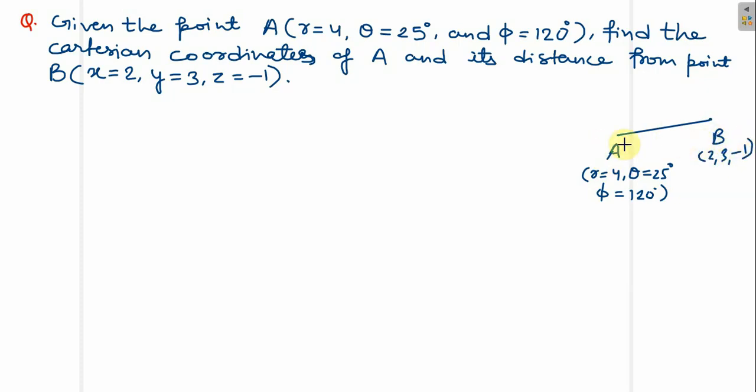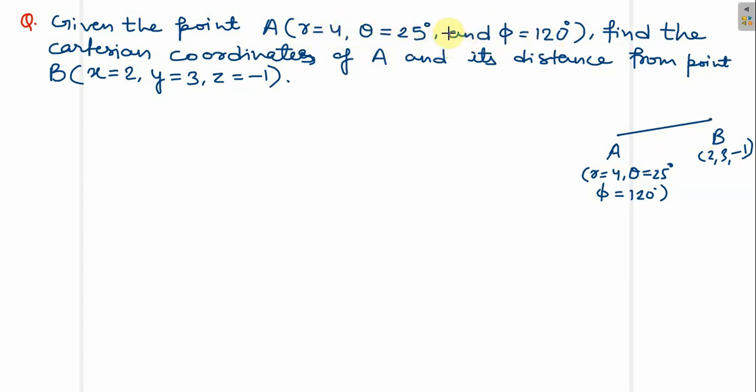Okay, so we cannot directly find the distance between the 2 points since both are given in different coordinate systems. So first of all, we will convert the coordinates of this point A into the Cartesian coordinates, and then this B point is already given in Cartesian, and then we will calculate the distance between the 2 points.